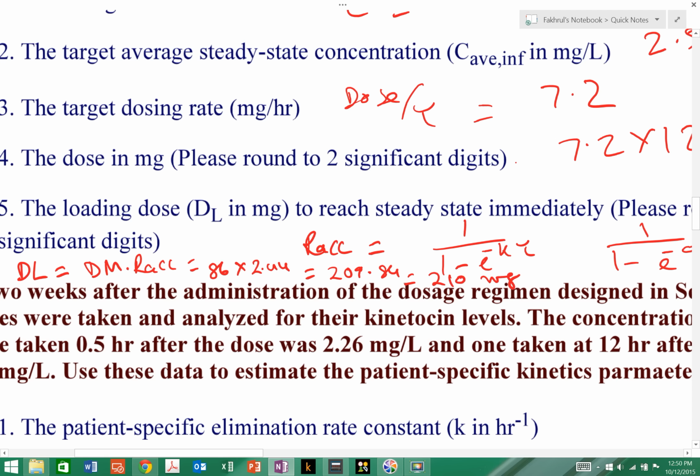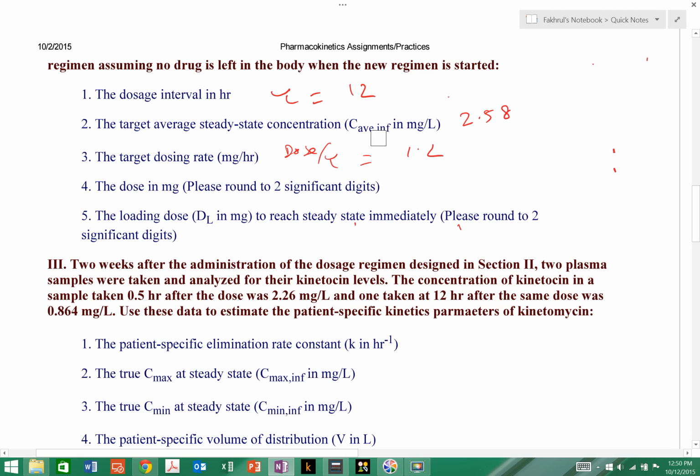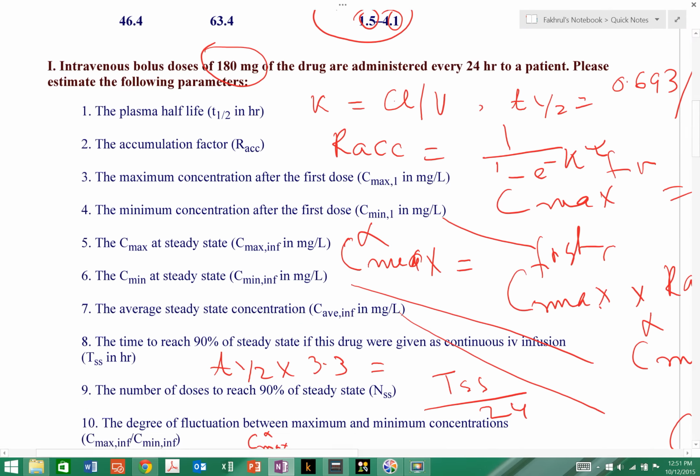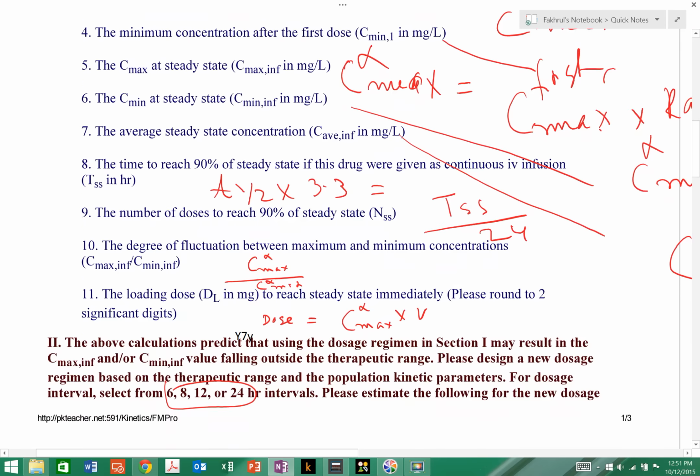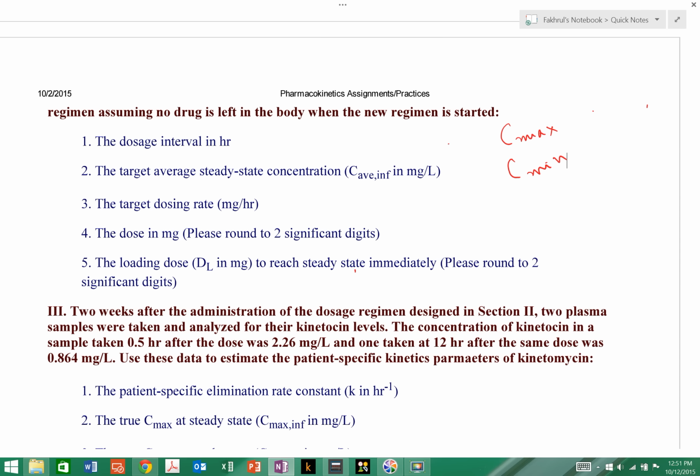So these are the major things you have to remember in this set of calculations. For example, you have to use your Cmax and Cmean, and the therapeutic range is this, otherwise everything will come out wrong.